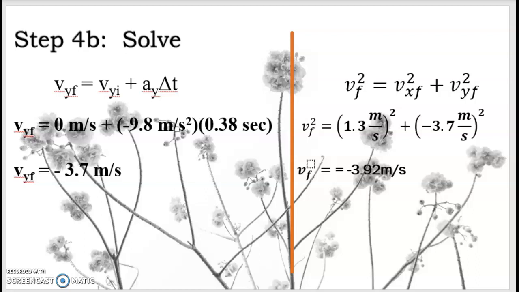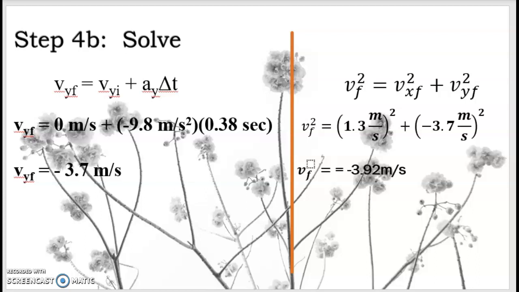So now I have to find my final velocity. So I use Pythagorean. I square my x velocity, I square my y velocity. I know it's going downward. When I take the square root, I take the negative.